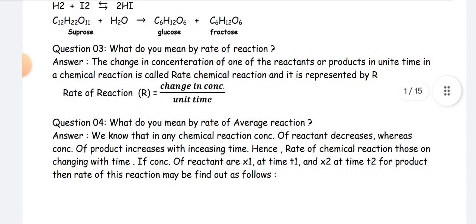So the rate of reaction formula is change in concentration upon unit time. With the help of this formula you can find the unit of rate of reaction. You know very well, concentration is represented in mole liter inverse and time in second.